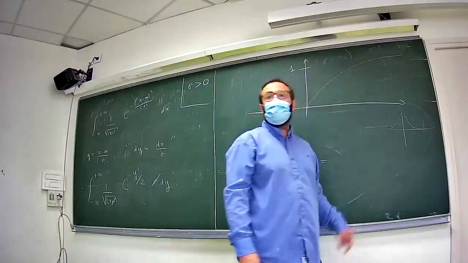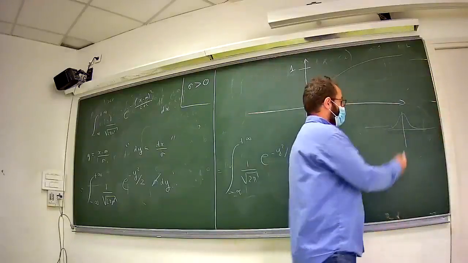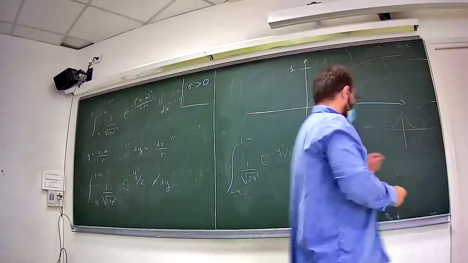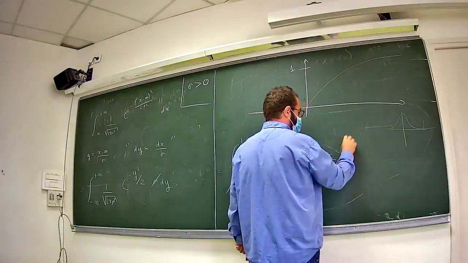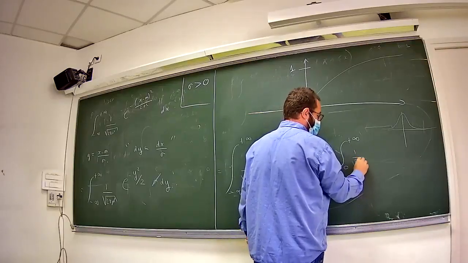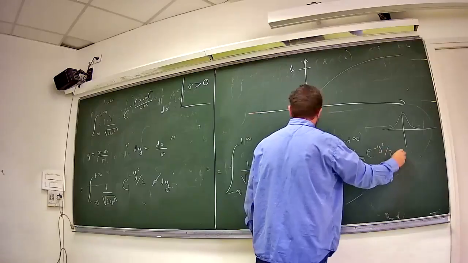So if I want to compute the integral over the whole R, in fact, it will be 2 times what happens on half of R. And this one is just 2 times the integral between 0 and plus infinity of 1 over the square root of 2 pi exponential minus y squared over 2.